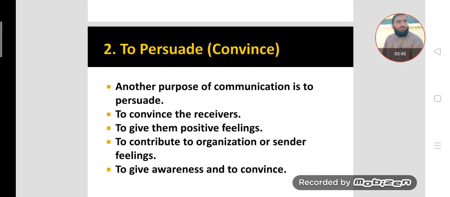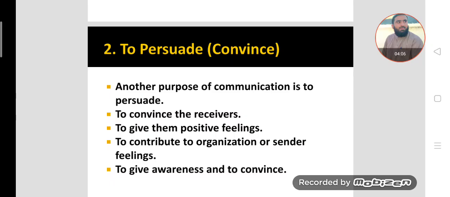The second purpose of communication is to persuade, to convince others. Many people have this skill of communication. They control others, or they take others with them.